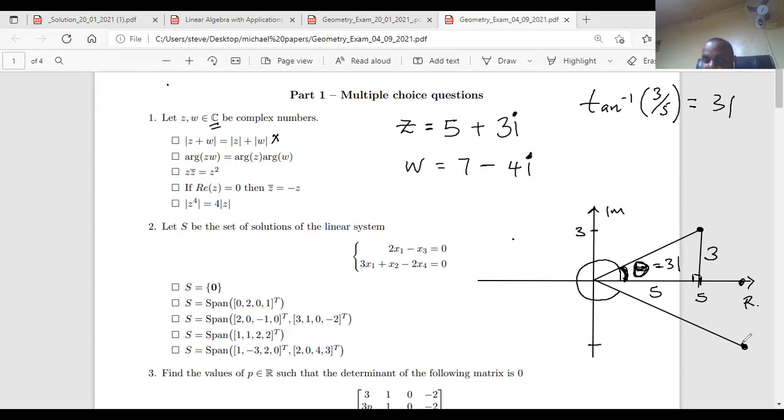This is 7 and 4, so you have to do tan inverse 7/4. And then you have to do 360 minus that to get the argument. So for Z, the argument is 31.